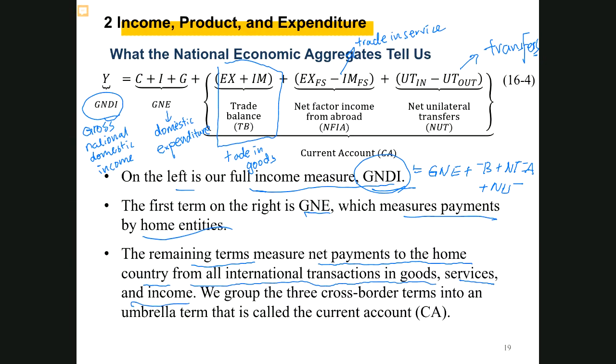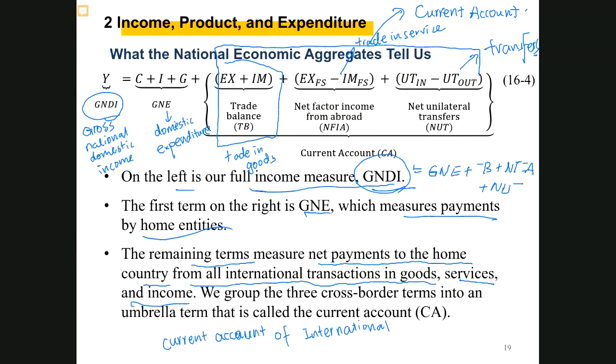Okay, so the current account, it's this one. The full name of the current account is supposed to be the current account of international trade. Okay, so what does that include?